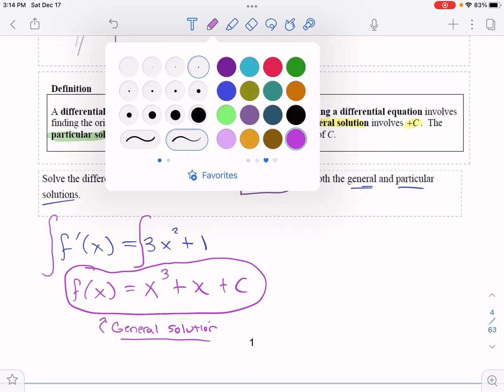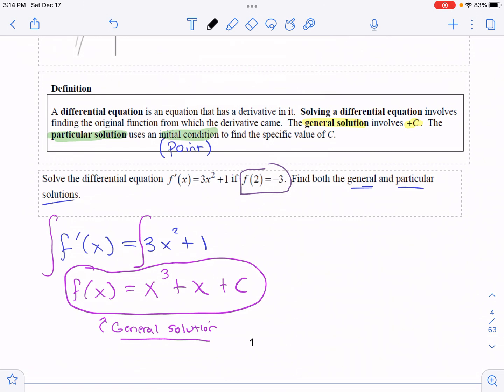So the particular solution would be whatever we get for c when we plug in that point. Okay, so if f of 2 equals -3, using my general solution to the left here, when I plug in 2, I get 2 cubed plus 2 plus c, and that needs to equal -3.